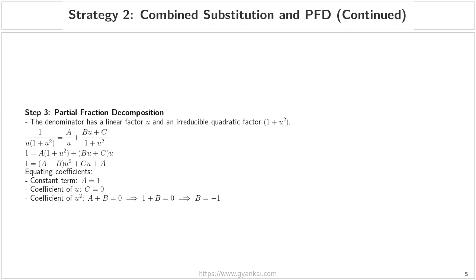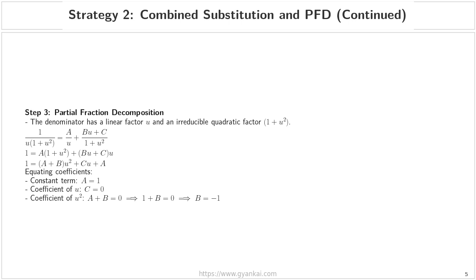The constant on the left is 1, and on the right it's A. Therefore, A equals 1. Next, we compare the coefficients of u. On the left, the coefficient of u is 0, and on the right, it's C. So, C equals 0. Finally, we compare the coefficients of u squared.